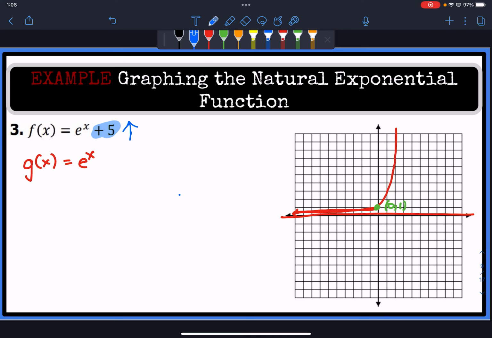Now, graphing f of x, we're going to get this function here and simply shift it 5 units up. So this point is going to move 5 units up, along with the horizontal asymptote, which is also going to move 5 units up. So let's move the horizontal asymptote first. So 1, 2, 3, 4.